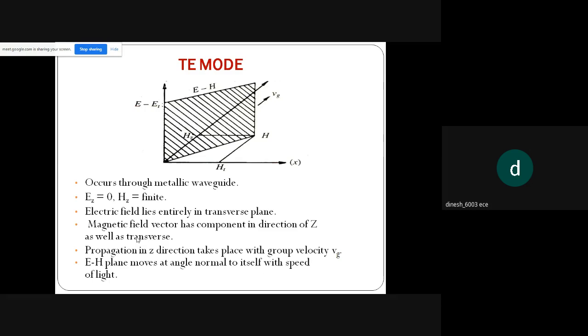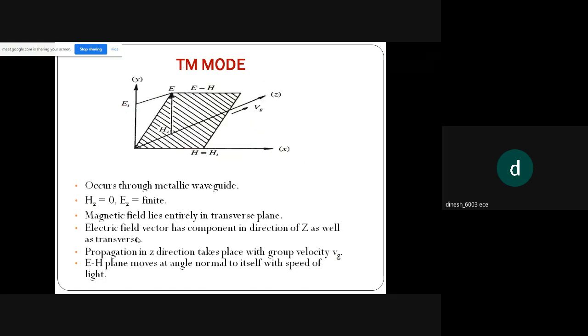In TE mode, Hz will be finite, Ez will be 0. So the electric field lies entirely in the transverse plane. The magnetic field vector will have a component in the direction of z as well as transverse. The propagation in z direction takes place with group velocity Vg. E and H plane moves at an angle normal to itself with the speed of light.